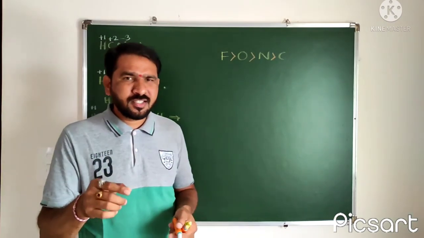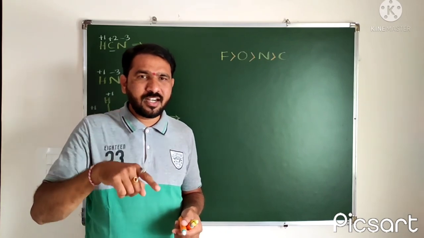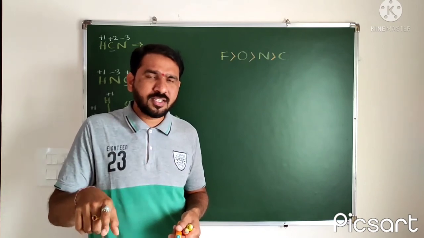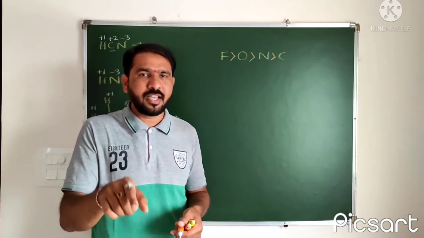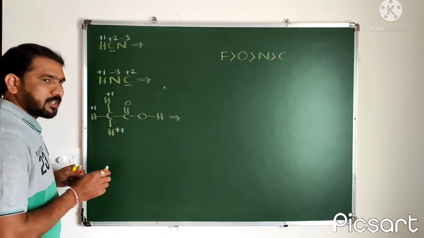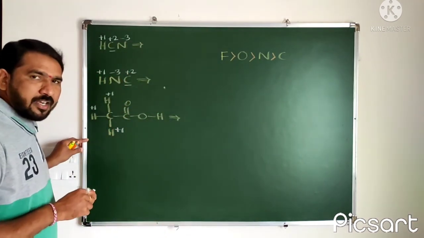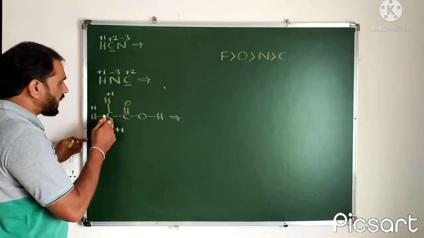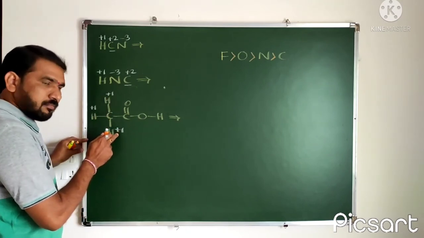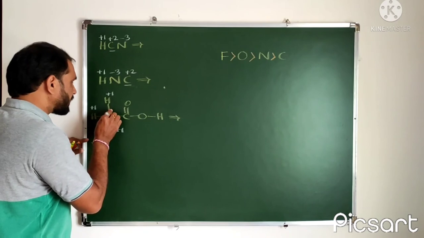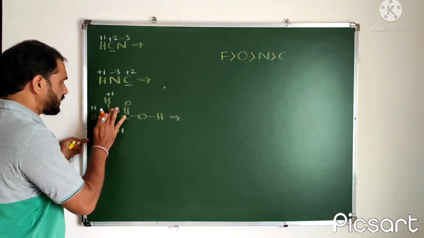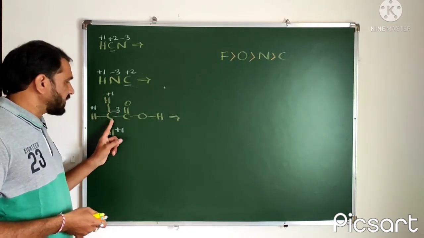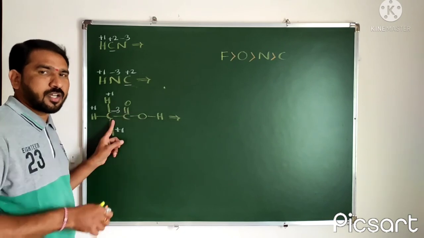The number of negative charges around the central atom is equal to its positive charge, or the number of positive charges around the central atom is equal to its negative charge.